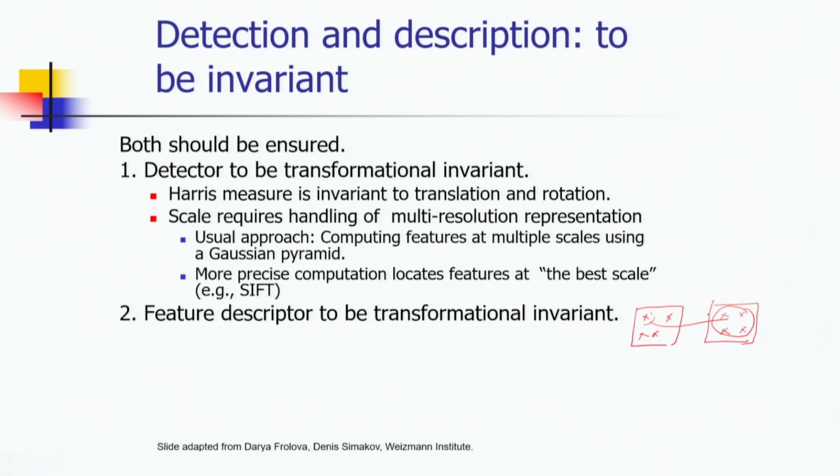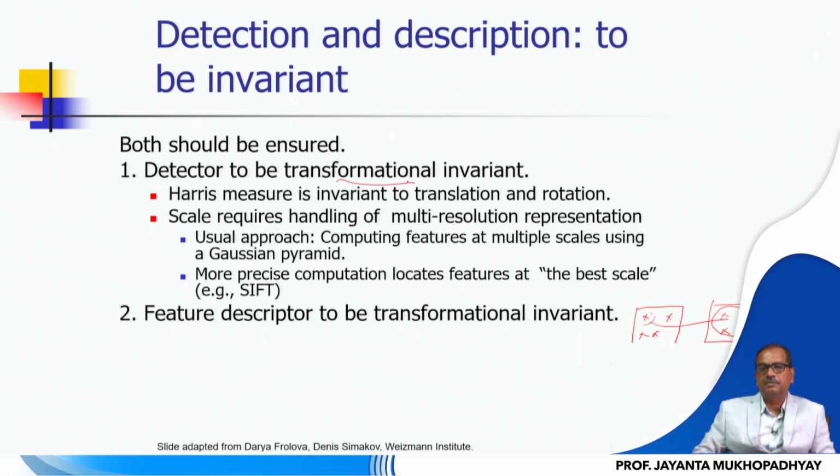We ensure this for at least most of the points. If we can give this kind of guarantee, then we say that this detection is also transformation invariant. So that is about the detection. Similarly, on the way to building correspondences, I will be using descriptors, as I mentioned.